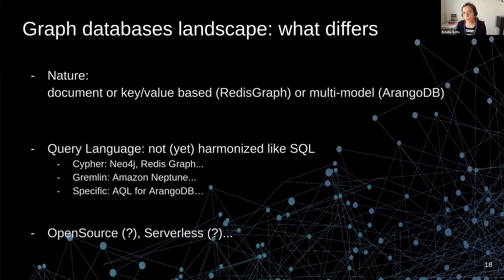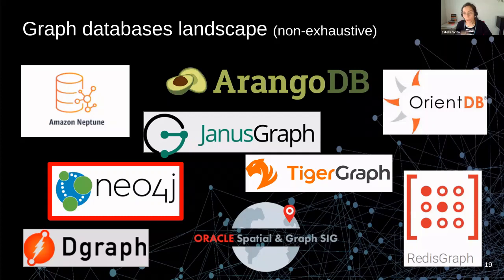There are a few languages that are used by several vendors. One of them is Cypher, used by Neo4j and Redis Graph, and it has some really good advantages, especially that it's really visual and you can learn it very quickly. I will show you some examples in the following.